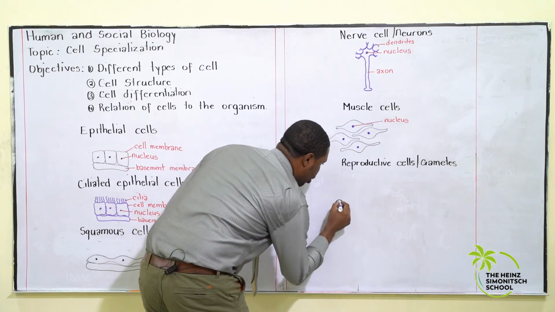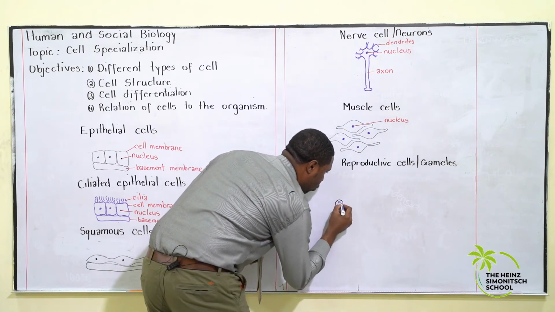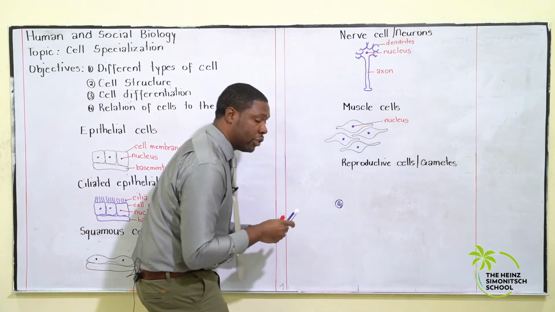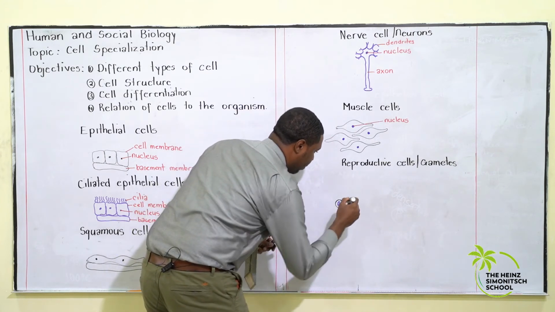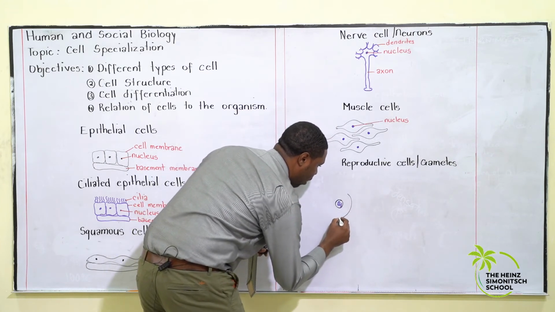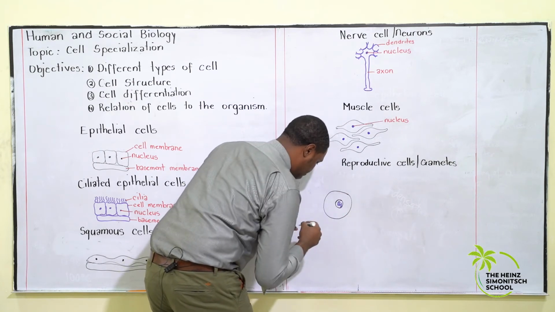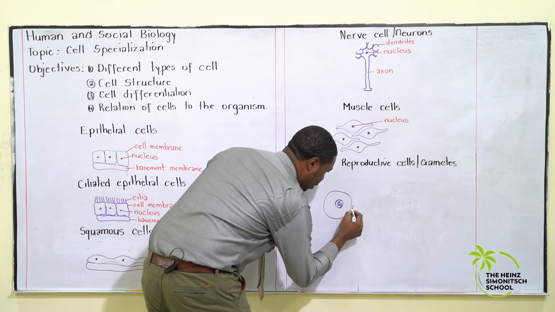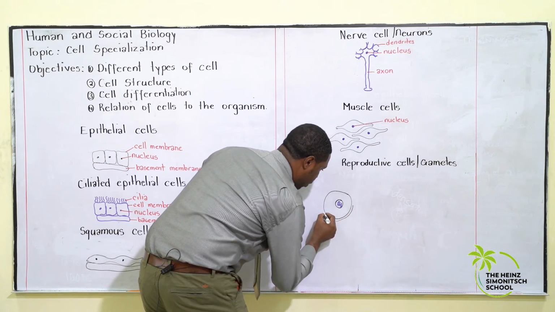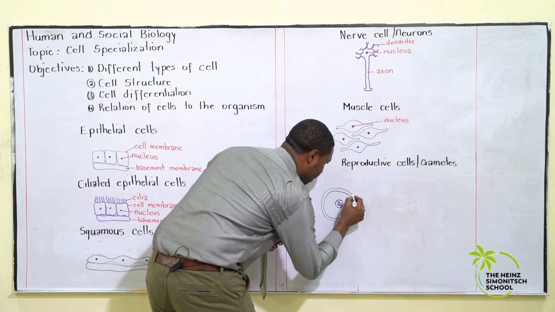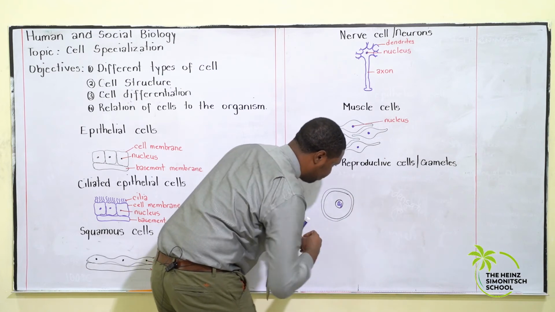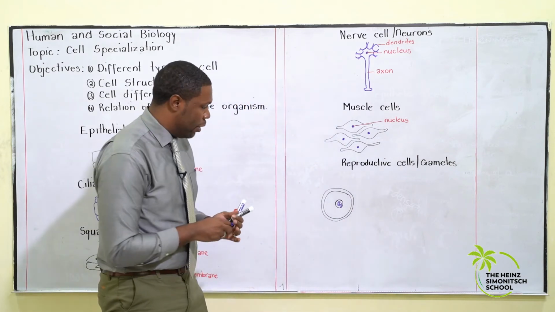Here we have the nucleus, which contains the chromosomes. Then we have the cell membrane, and that's surrounded by a jelly coat. All right, so let's label.